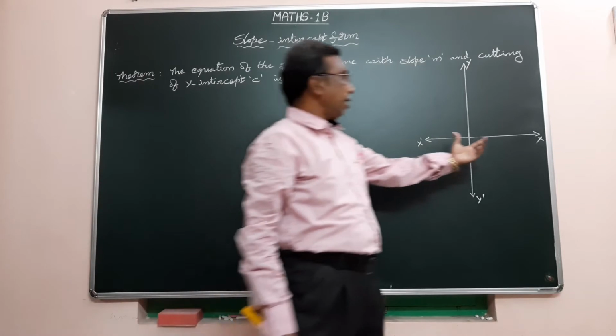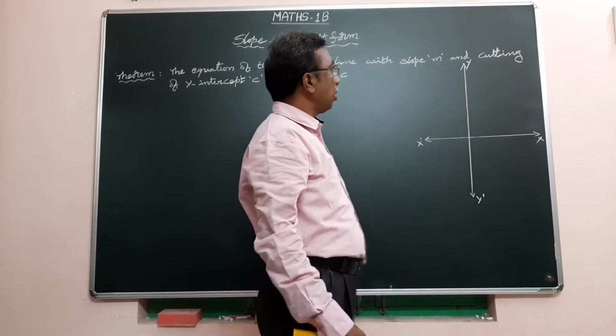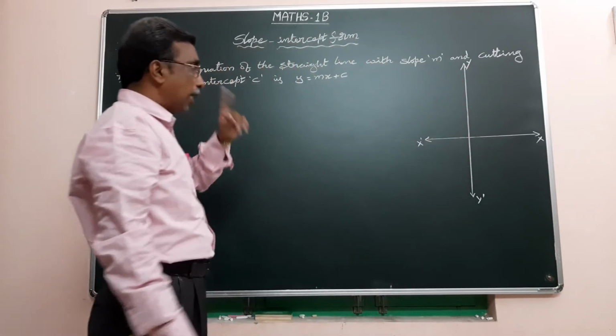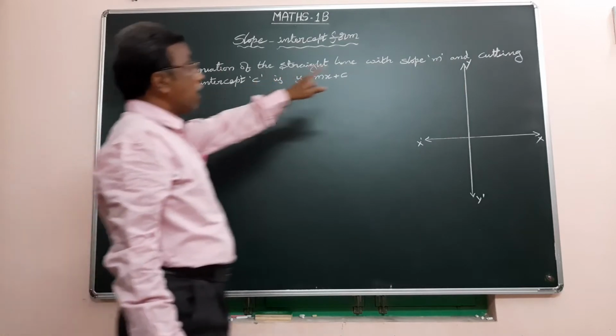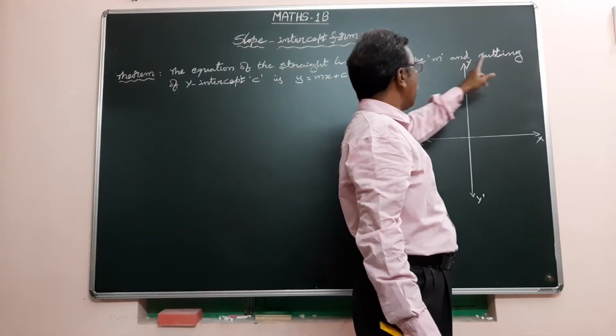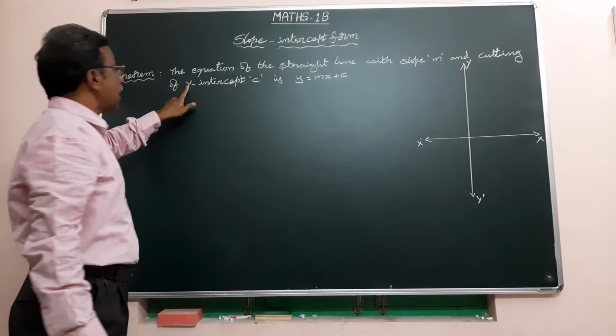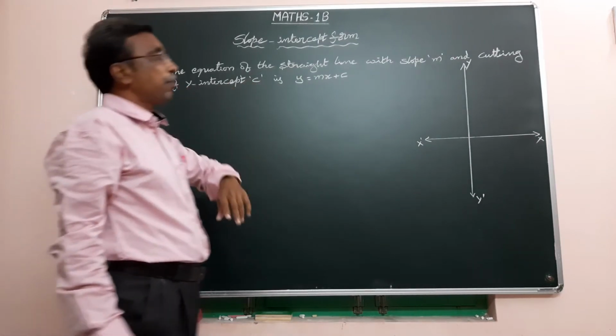This is the x-axis, y-axis. Now we draw one line. That line's slope is m and that line cuts the y-axis at intercept c.